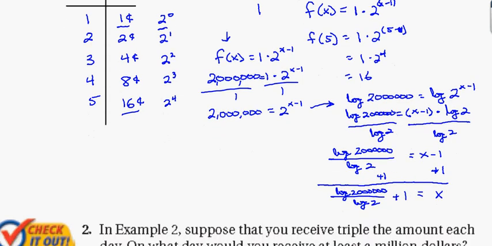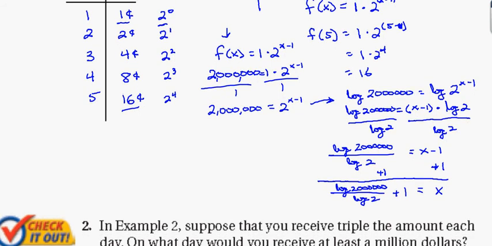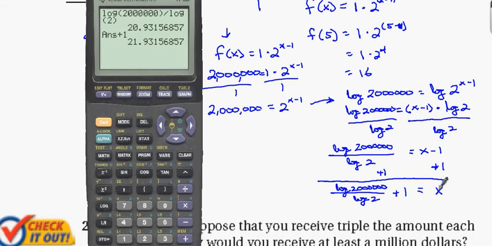And then all I've got to do is take my handy dandy calculator right here, turn it on, clear it out, and I go log 2 million divided by log 2 and I add 1. So, oh, what was that? Boy, that went fast. 21.93.